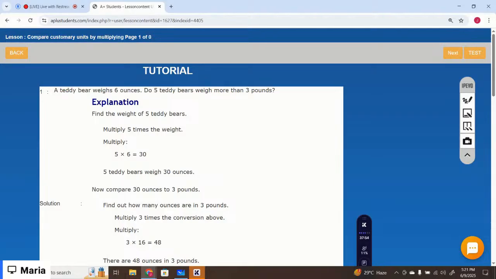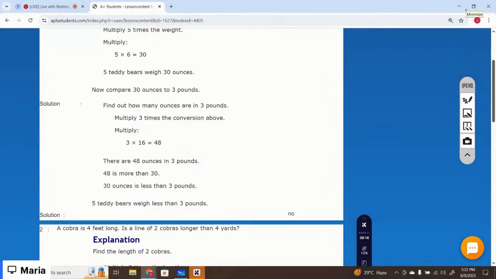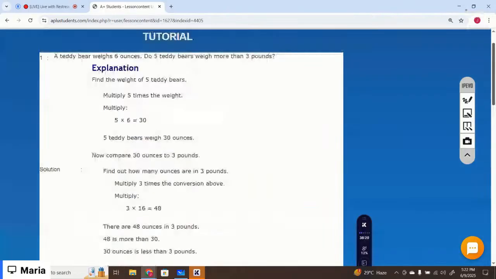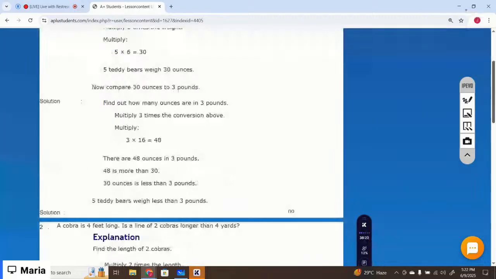Do five teddy bears weigh more than 3 pounds? So we have five teddy bears. 5 times 6 is 30. That means the weight of five teddy bears is 30 ounces. Now convert 3 pounds to ounces. So 3 times 16 is 48. So 48 is more than 30. That means five teddy bears do not weigh more than 3 pounds.